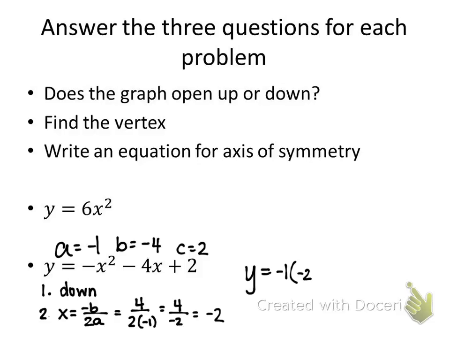Now I plug in negative 2 squared minus 4 times negative 2 plus 2. Whenever you don't pay attention to that negative sign, if you just think, oh, they were nice and they went ahead and put the negative sign in there for me so I can plug in 2, your answer will be completely wrong. Okay?